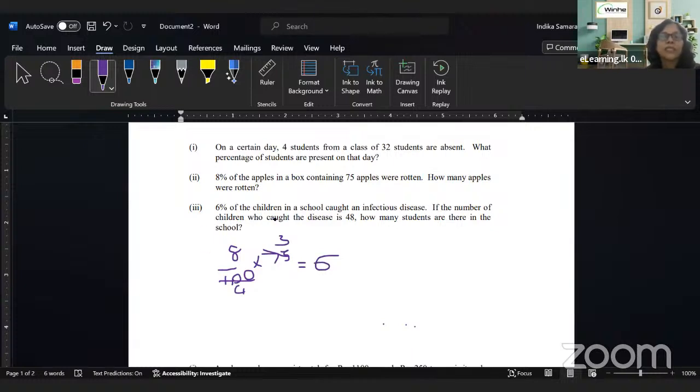The third one: 36% of children in a school caught an infectious disease.